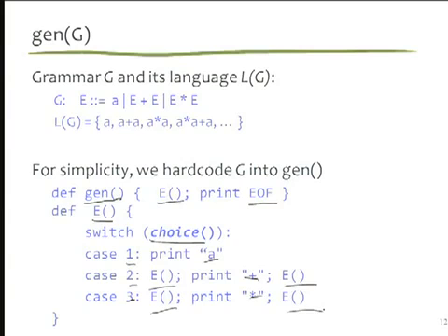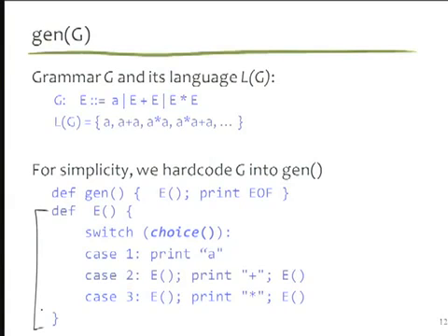You see the correspondence between the generator and the grammar? There is one function here for each non-terminal. This one for E. The number of cases is the number of productions you have, 1, 2, and 3. And the non-terminal calls itself because, well, it is recursive. So that's it.